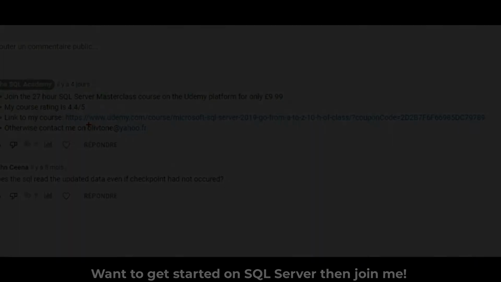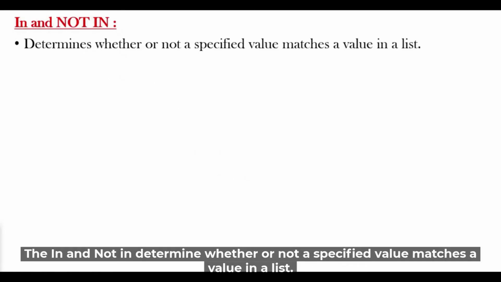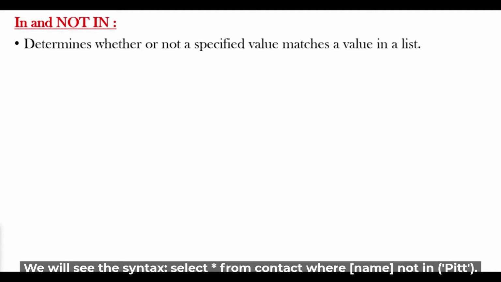Then join me. The IN and NOT IN determine whether or not a specified value matches a value in a list. We will see the syntax. For the NOT IN: select from my table contact where name not in 'Bit'.